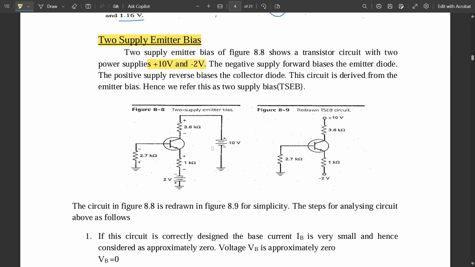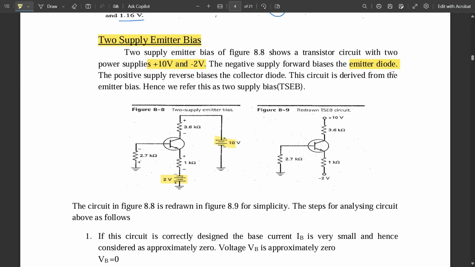In this circuit, one supply is VCC, equal to plus 10 volt, and the other is the VEE supply, equal to minus 2 volt. One is a positive and the other a negative supply. The negative supply forward biases the emitter diode, and the positive supply reverse biases the collector diode.